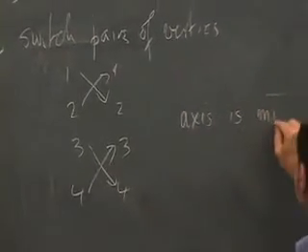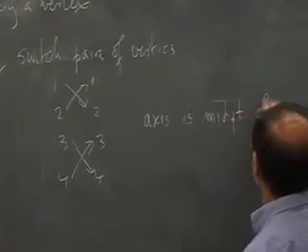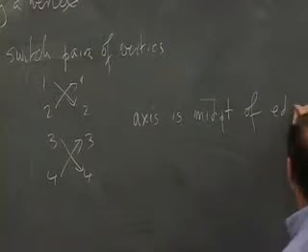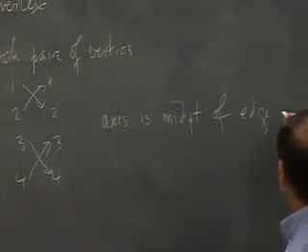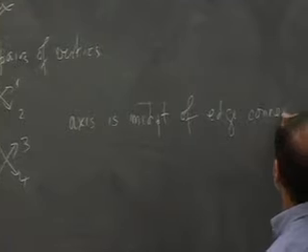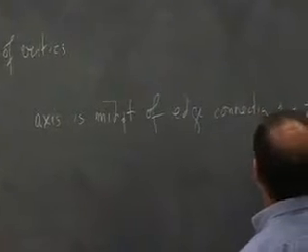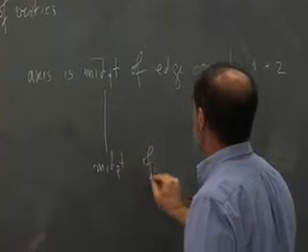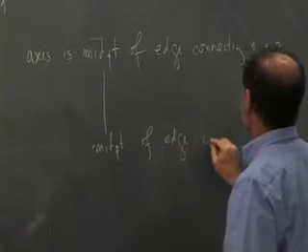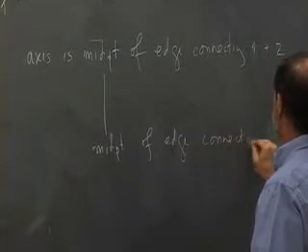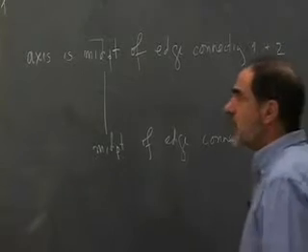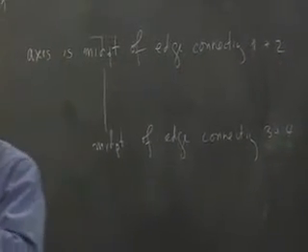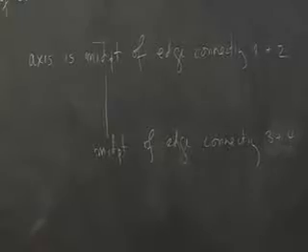is the midpoint of the edge connecting 1 and 2 to the midpoint of the edge connecting 3 and 4. And for any pairs of vertices, you can draw the axis through the midpoint of the opposite edges.